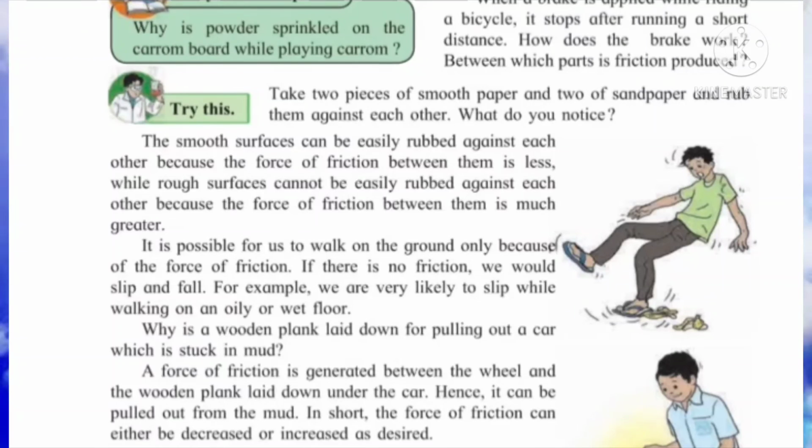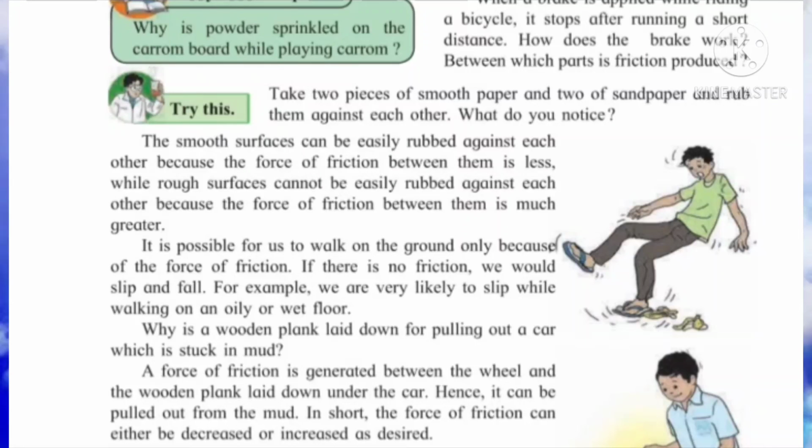Now, while we are walking also, there is the force of friction. As we walk on the ground, there is friction between our leg and the ground, and because of the frictional force it is possible to walk.